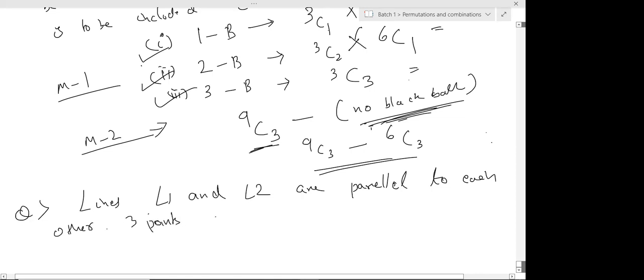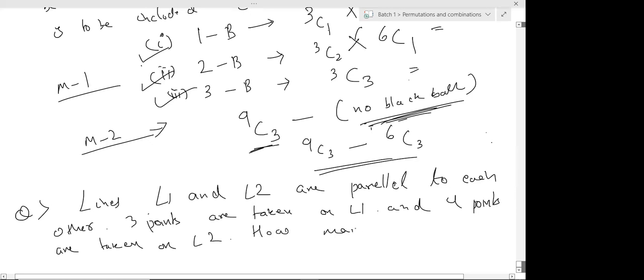Three points are taken on L1 and 4 points are taken on L2.